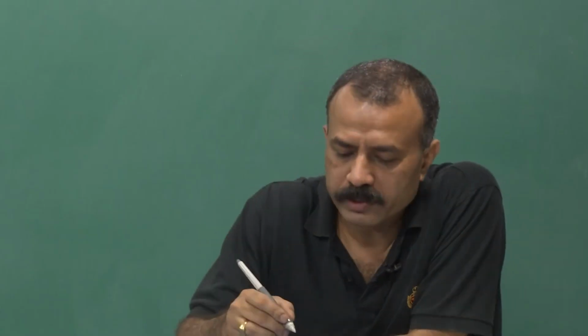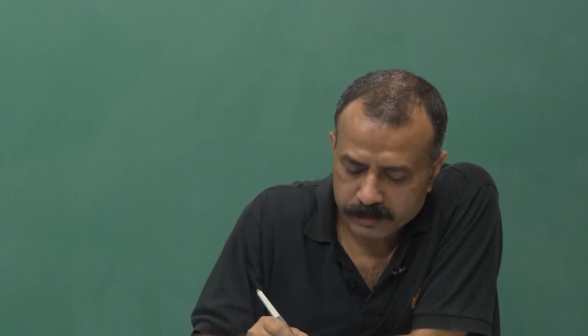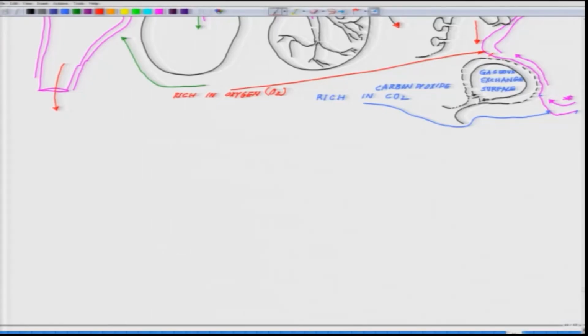So, say for example, this vessel continues and now it comes to the heart, and from the heart it is the aorta which is now carrying the oxygen rich blood.